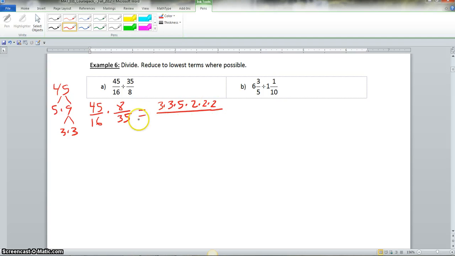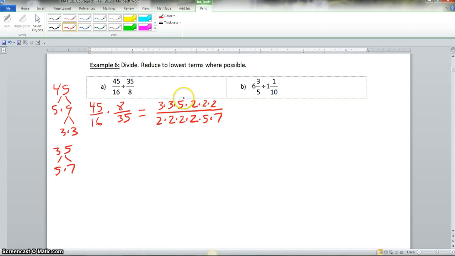So we don't have to rewrite that again. Now 16. Now we know 8 times 2 is 16. So 16 actually breaks down to 4 2s. Now finally for 35. Now we could write 35 out here. 35 breaks down to 5 times 7.